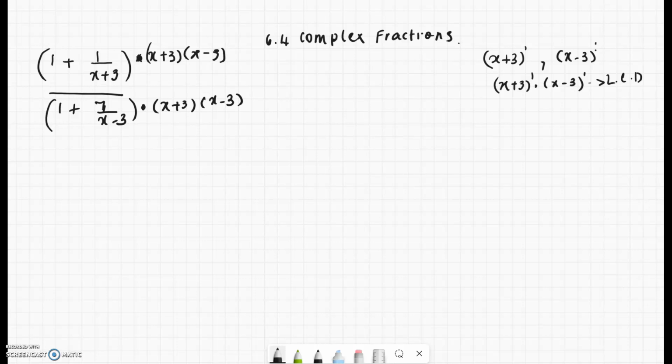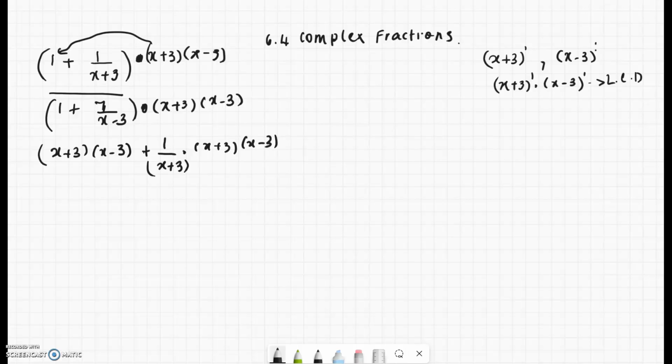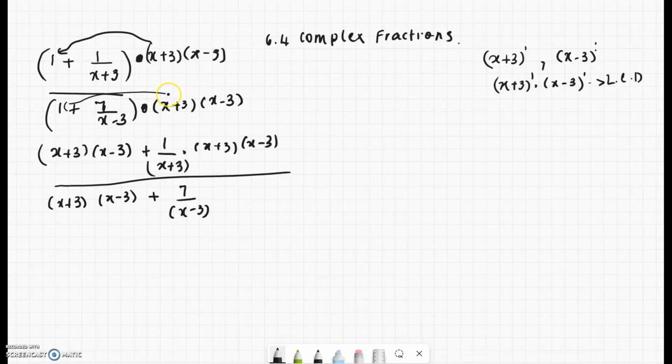Now we distribute this, that times 1, so that is x plus 3 times x minus 3 plus 1 over x plus 3 times x plus 3 times x minus 3, the whole thing over this multiplied by 1 is x plus 3 times x minus 3 plus 7 over x minus 3 times x plus 3 times x minus 3. Now we cancel common factor.